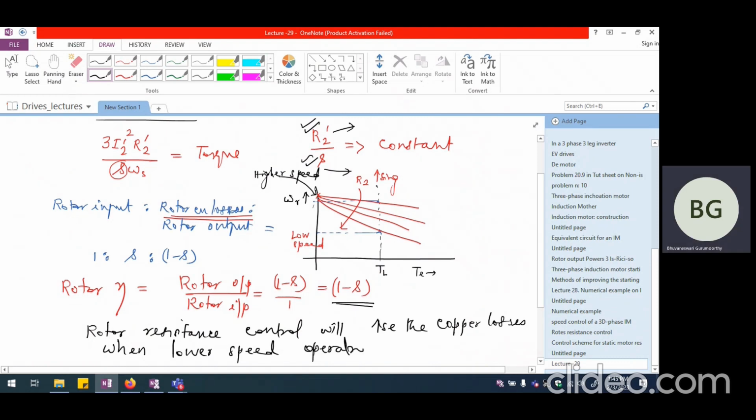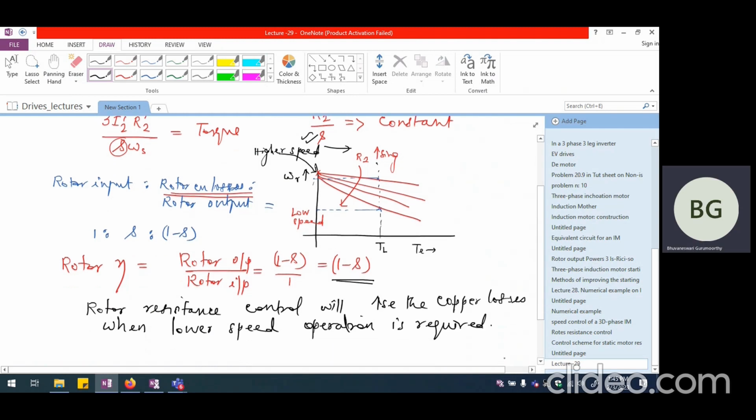So naturally, we are going to have lower and lower efficiency at lower speeds of operation. So definitely this is a lossy method.